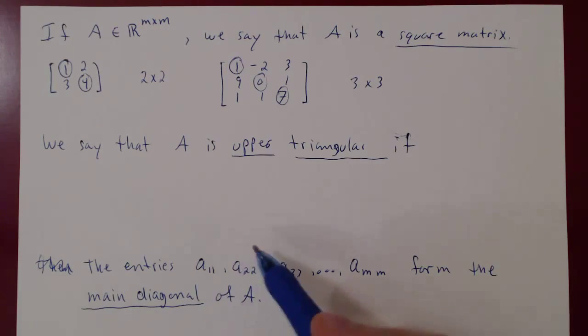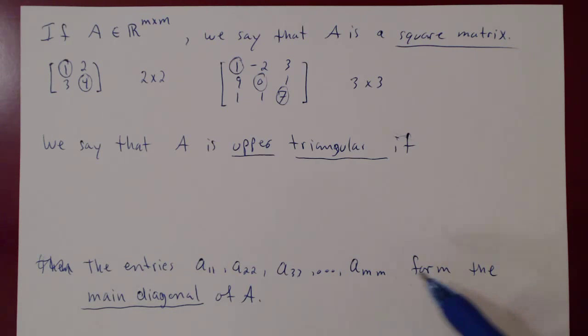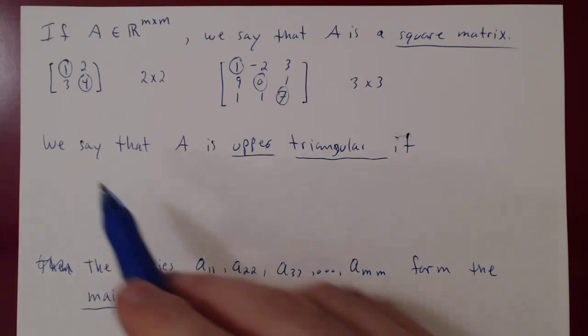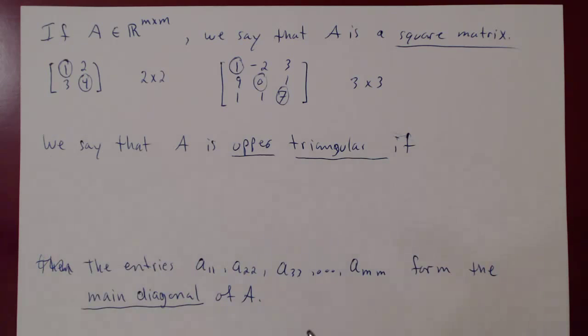So the entries A11, A22, A33 through AMM form the main diagonal of A, and now we can define what an upper triangular matrix is.